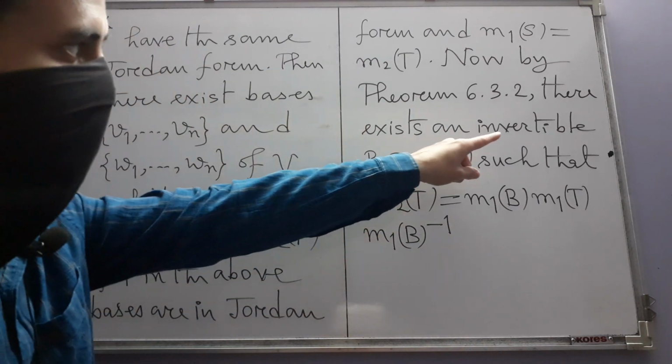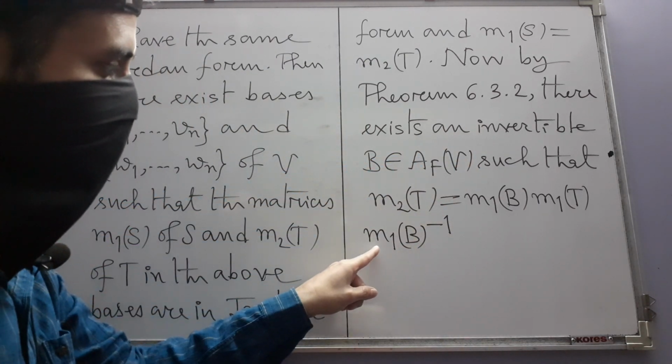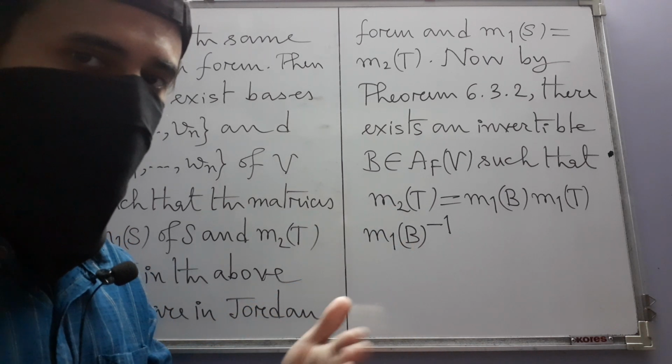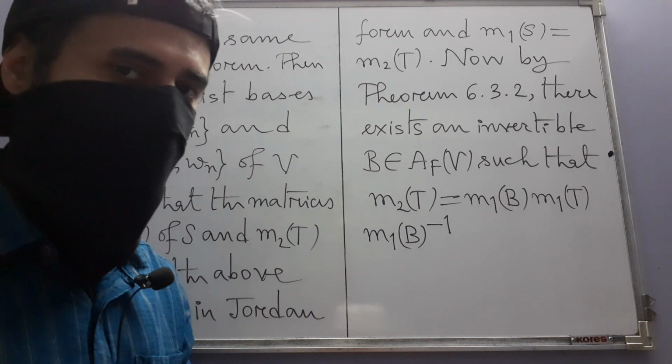The fact that B is invertible implies that its matrix is also an invertible matrix by the isomorphism between operator algebra and matrix algebra.